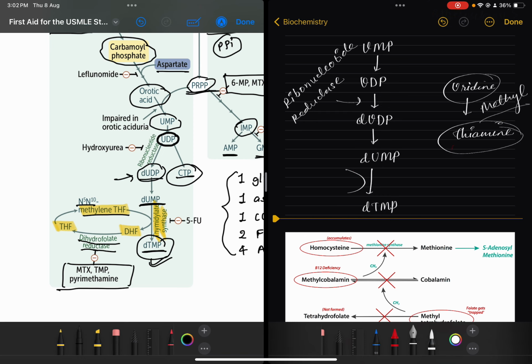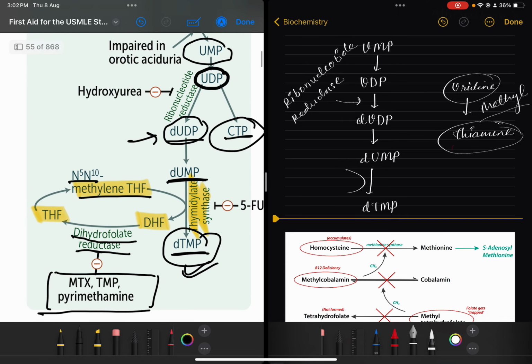So here we require a methyl group, and that we gain from methyl tetrahydrofolate, which will be converted into dihydrofolate, and this methyl group will be used to synthesize this. It is N5,10-methylene, then again it will convert into tetrahydrofolate, and again into this methyl group.